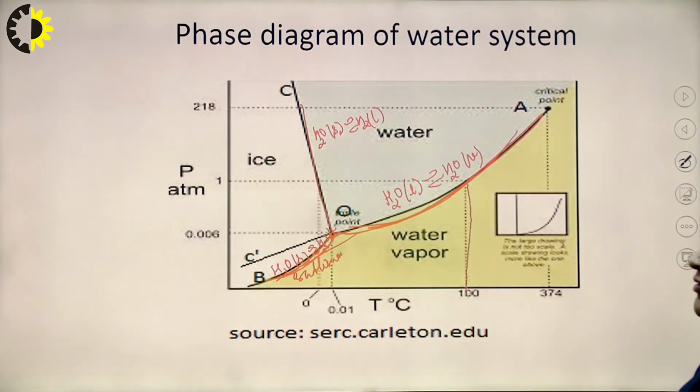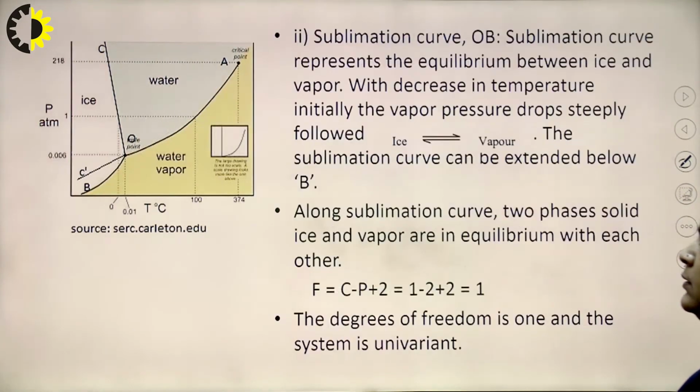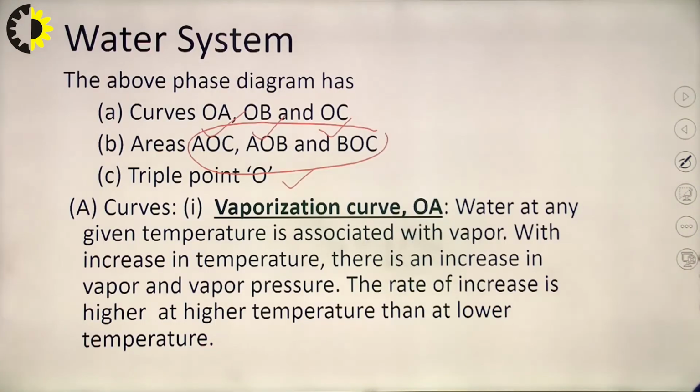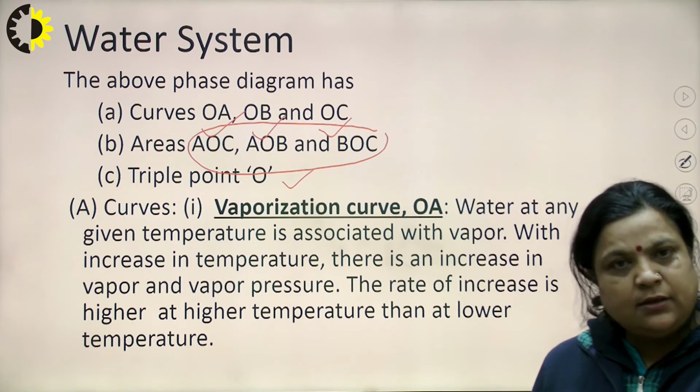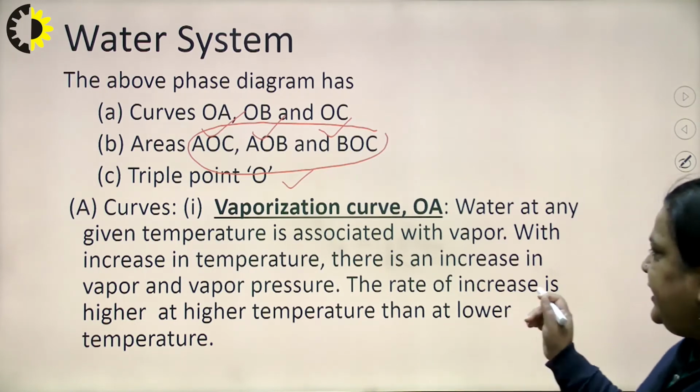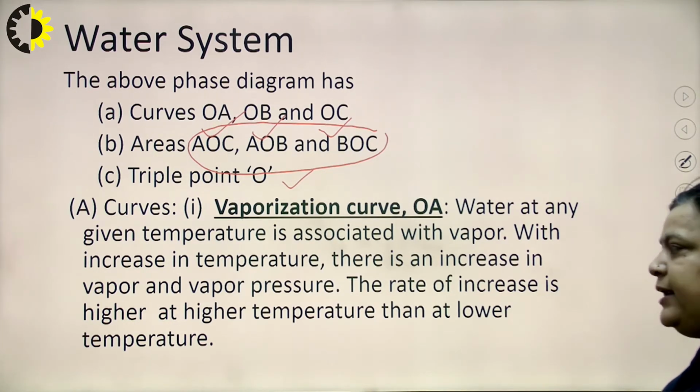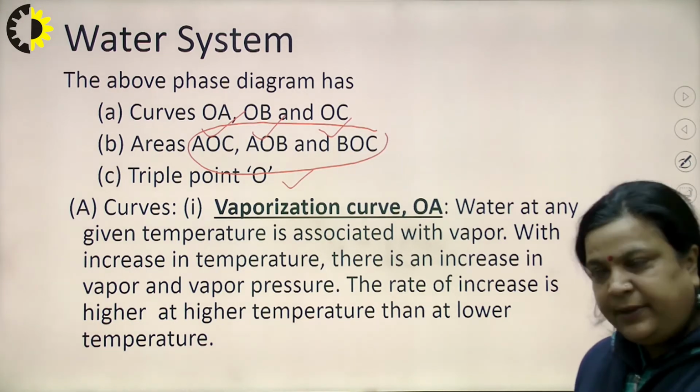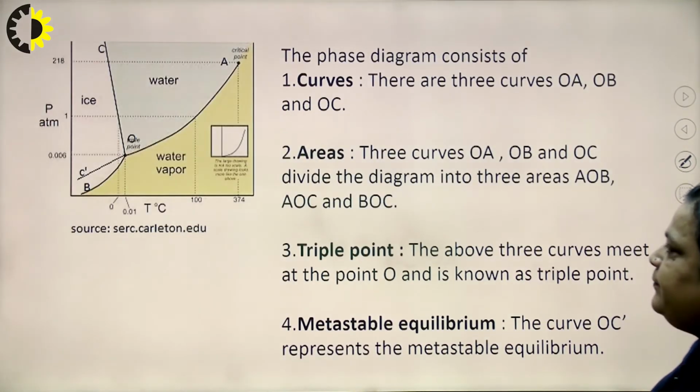So, let us discuss one by one. First is curve OA. Water at any given temperature is associated with vaporization, and with an increase in temperature there is an increase in vapor pressure. The rate of increase is higher at higher temperature than at lower temperature.